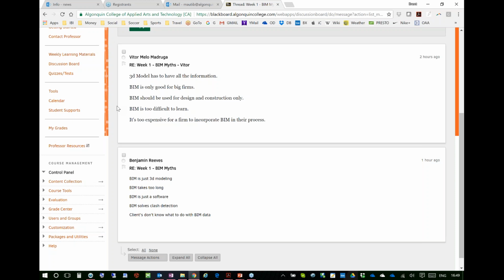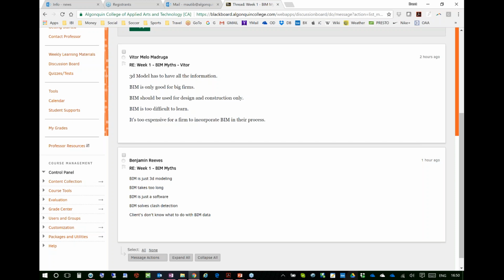BIM is good for big firms. That was something that I heard a lot in Brazil. They thought it was expensive, it was not worth it, but the moment you realize that you can make your life and other people's lives easier by using this one platform or the platform that connects to the other ones, that changes.